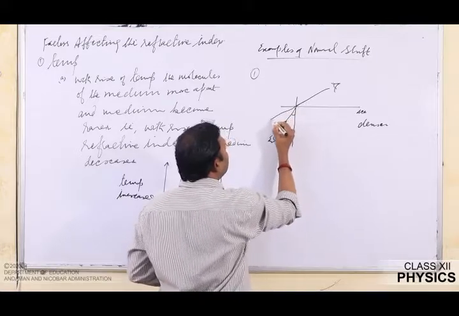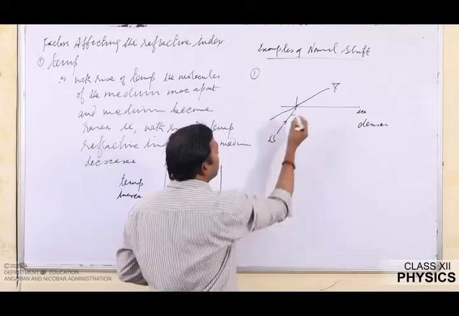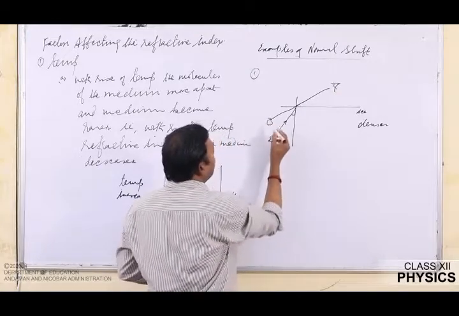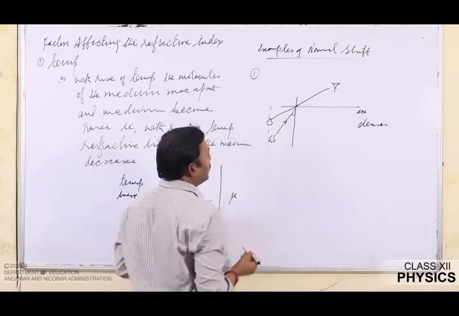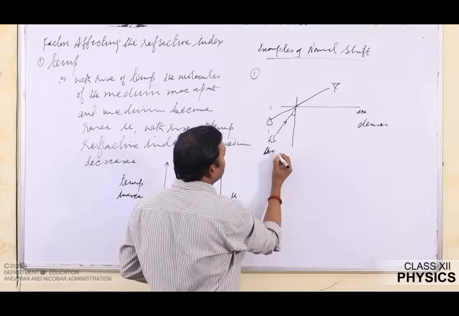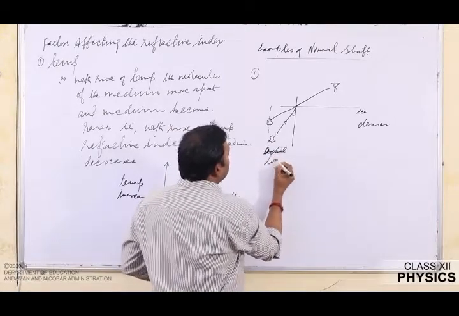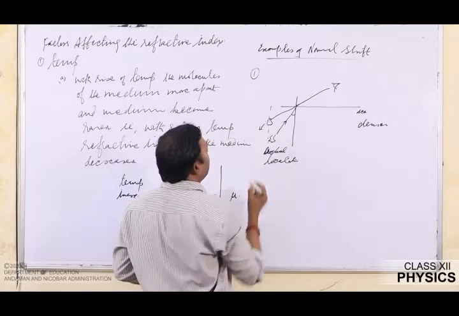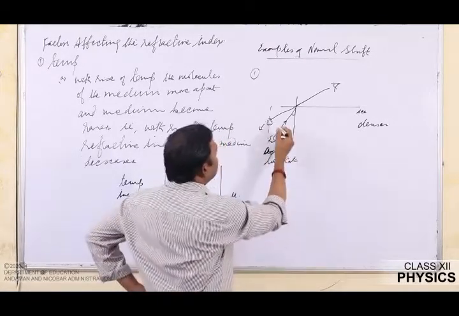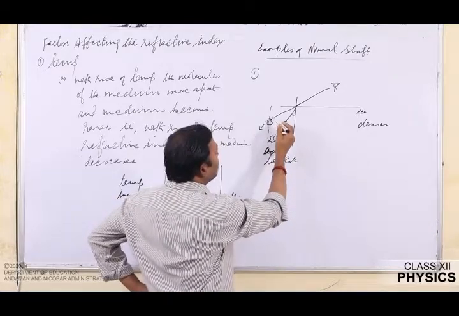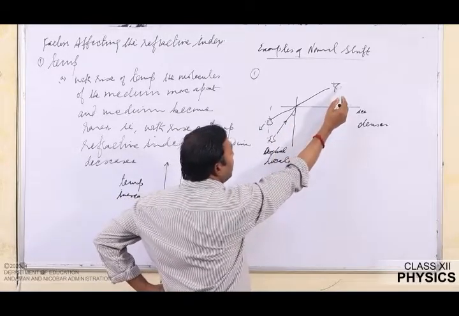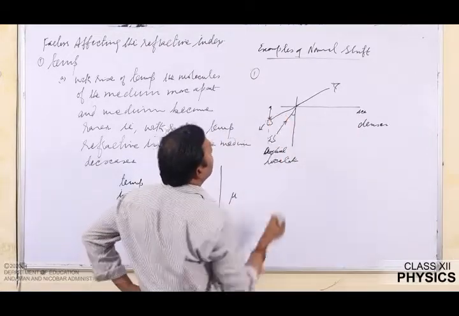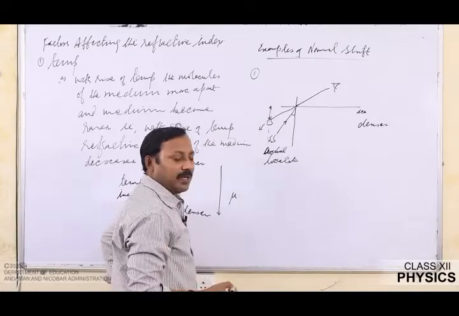Here the actual position of the object for the person in the rarer medium appears at a different location than its actual location. This is the actual location, and this one is the apparent location. So, the object appears somewhere different for the person who is seeing from the rarer medium.